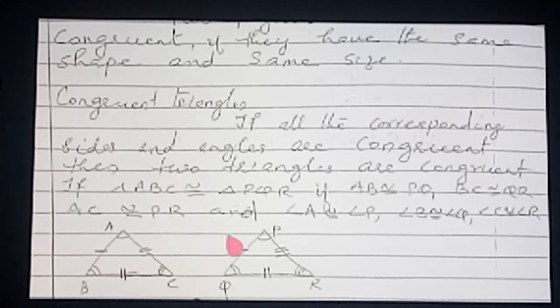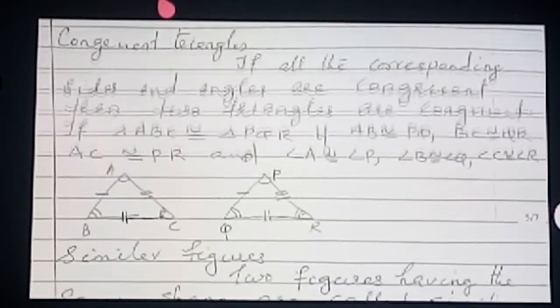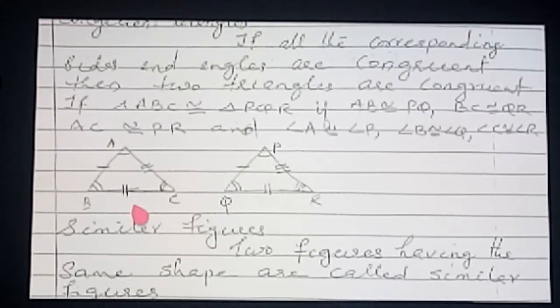You can see in the diagram I have given the same symbol for the same corresponding parts. Here, see, angle A and angle P, angle B and angle Q, angle C and angle R. Similarly, AB and PQ, BC and QR, AC and PR. Okay students? Very important topic, so properly try to make it clear.